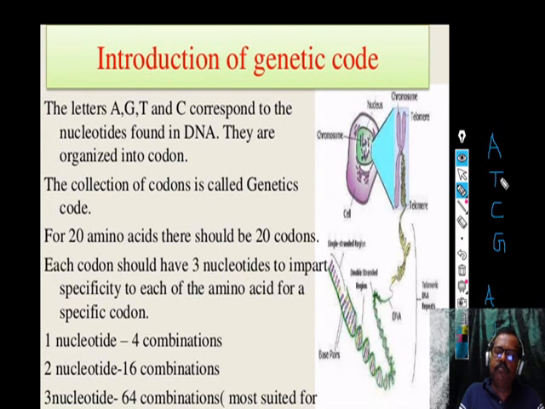From common sense we can say that for 20 amino acids there should be 20 codons. Now how many nucleotides should be there in the genetic code?